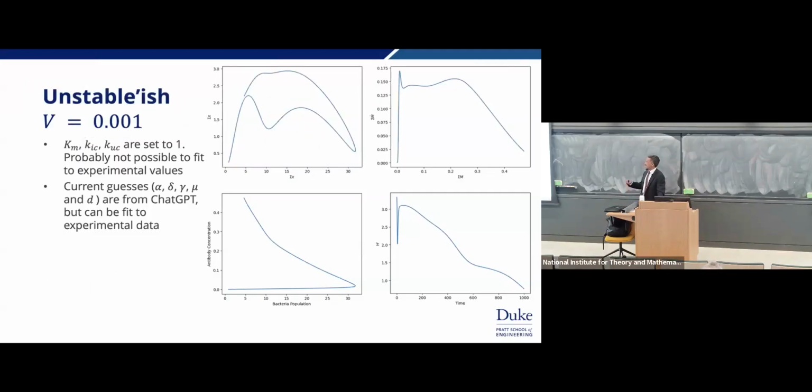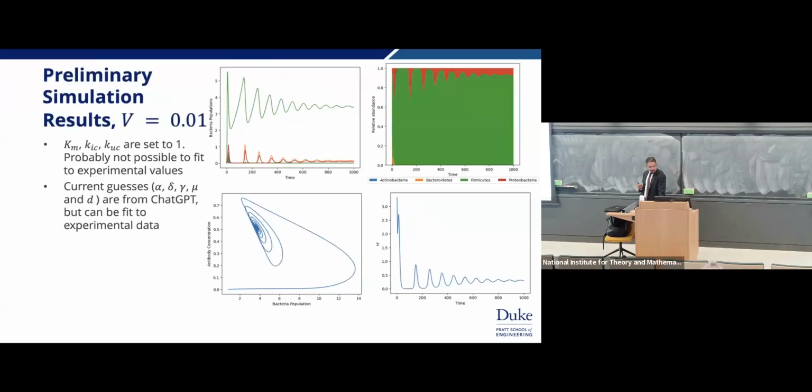And it's unstable-ish. So here are those two phase plots. Instead of just plotting the phase plot for my bacterial population, I also added a phase plot for my immune signaling. And here you can find somewhat of a stable point, but it's not the best. Preliminary simulations when I modify V with this simpler model: instead of using Michaelis-Menten kinetics, I'm using just this A minus I. So the thing that's going to kill your bacteria minus the thing that bacteria are producing to prevent themselves from being killed.